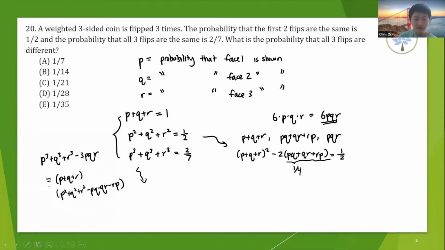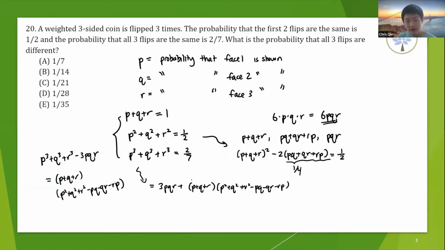But using this factorization, we're able to write the sum of cubes of P, Q, and R as an expression in terms of P plus Q plus R and PQ plus QR plus RP. Let's finish writing this up. This is equal to 3 times PQR plus P plus Q plus R times P squared plus Q squared plus R squared minus PQ minus QR minus RP.